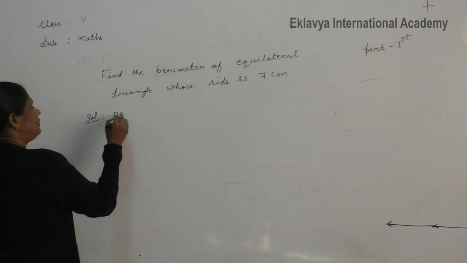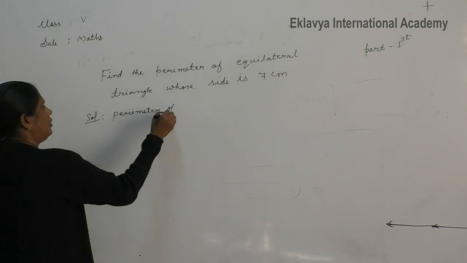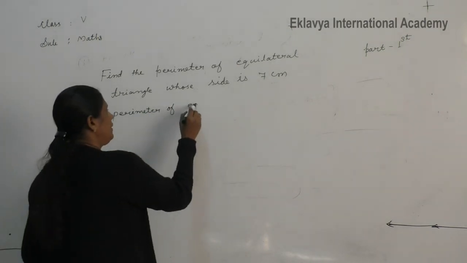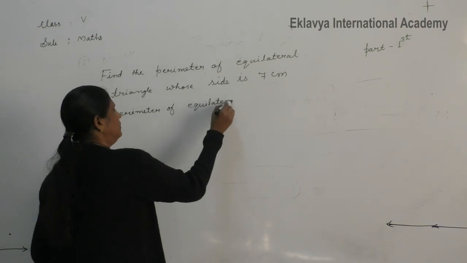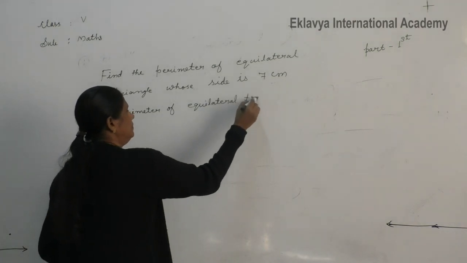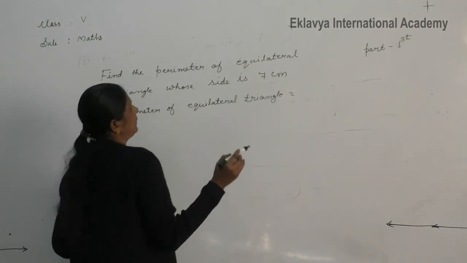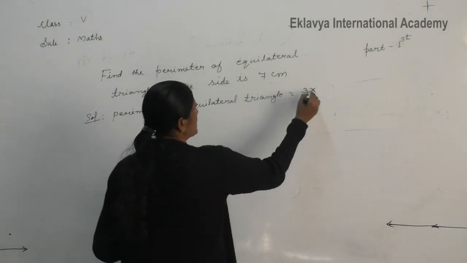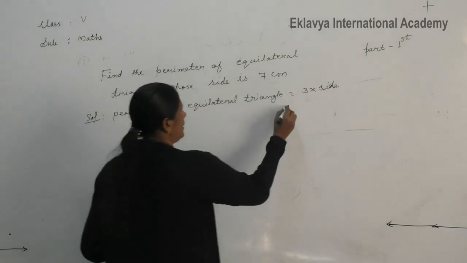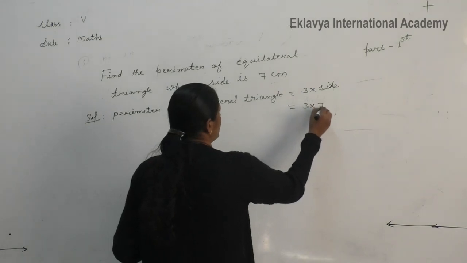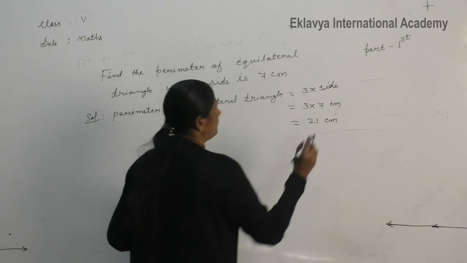Perimeter of equilateral triangle is equal to 3 multiply side. That is 3 into 7 centimeter is equal to 21 centimeter.